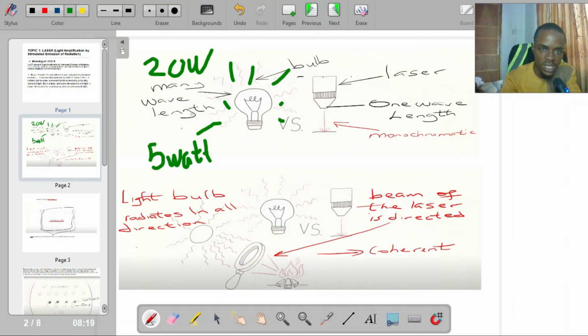Now these wavelengths are many, so they are not in one direction. But a laser, it produces one wavelength from the mouth here, which is what you can see. One of the characteristics you will always notice from a laser is that it is monochromatic, because of the single wavelength it produces.